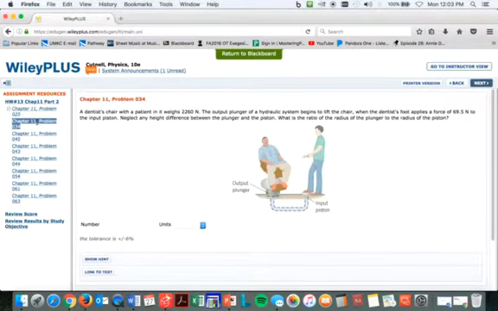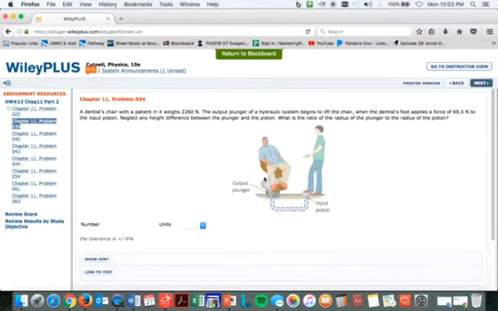What's 34? Oh, this is just a simple Pascal problem, Pascal's principle. And we want the ratio of the radius of the plunger to the radius of the piston. So plunger over piston. Here's the input piston, here's the output plunger. I always think of the plunger as this one, but okay, so it's plunger over piston.